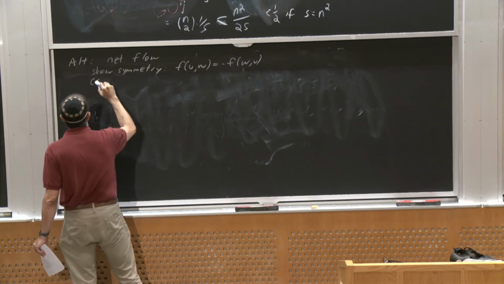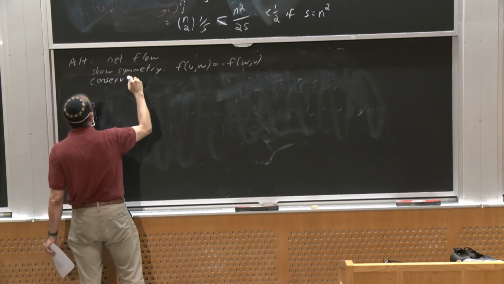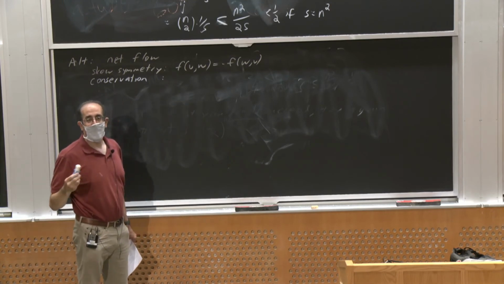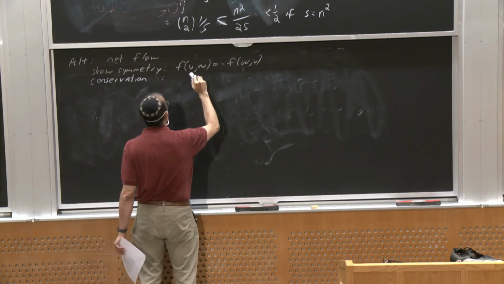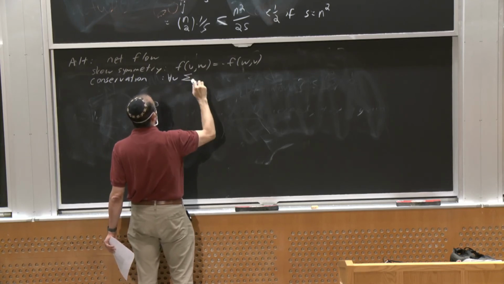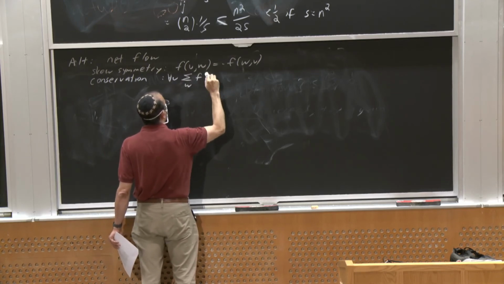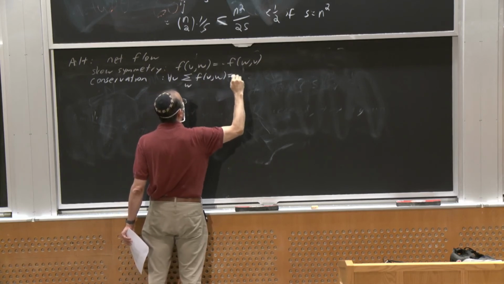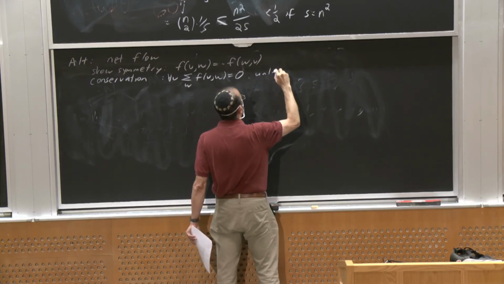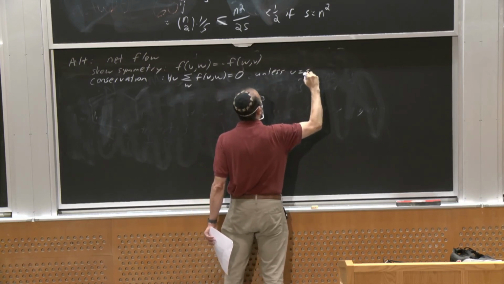And now your conservation criterion, since you've already reduced to the net flow on every pair of edges, is just that for every V, the sum of net flows from V to W is equal to 0, unless V is S or T.